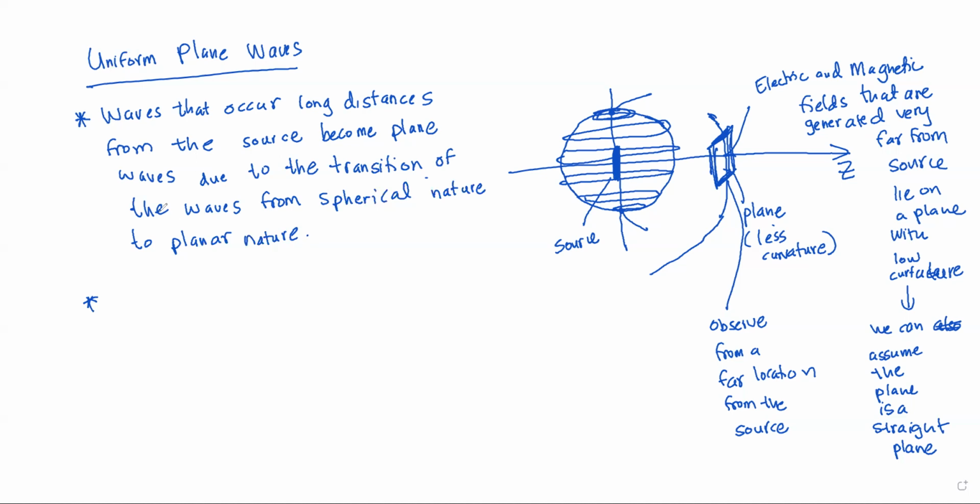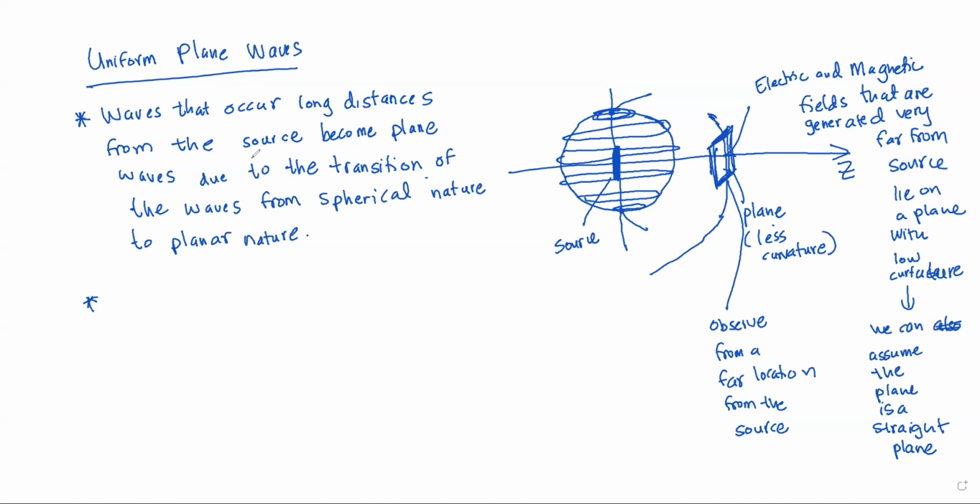So we can observe this at infinity or very large distance from the source. So one example is the sun and the earth, let's say. So the sun is producing a lot of energy. So around the sun, there's a huge amount of radiation and energy, and that energy is spreading in all directions in a spherical shape around the sun.